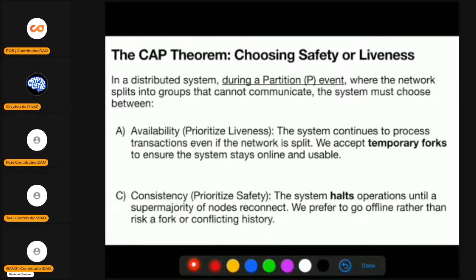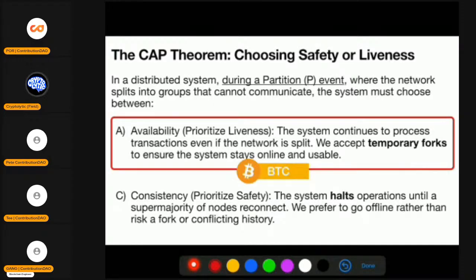These two blockchain protocols prioritize liveness, and that's why they have forks. The other approach, for blockchains that prioritize safety over liveness, like many modern consensus protocols: when there is a network problem, the system halts, or gets stuck and cannot produce a new block.